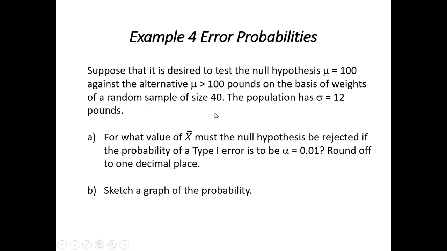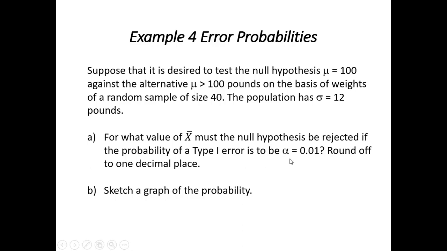Suppose we know that the population has a standard deviation of 12 pounds. So the question now is, for what value of x bar must the null hypothesis be rejected if the probability of a type 1 error is to be alpha equal to 0.01? Round off to 1 decimal place.